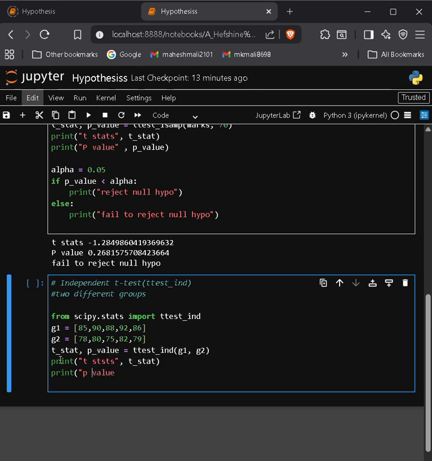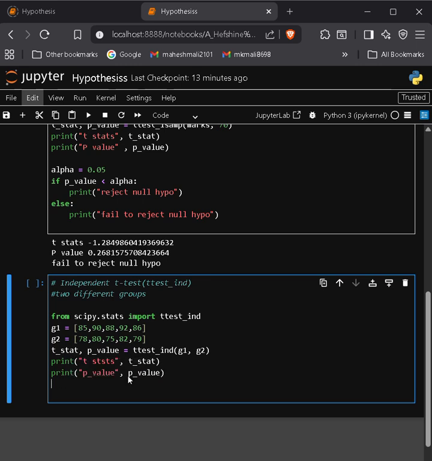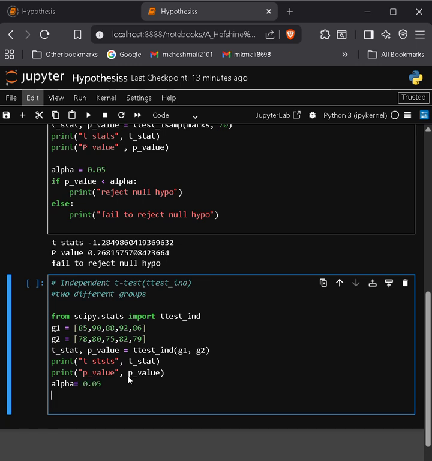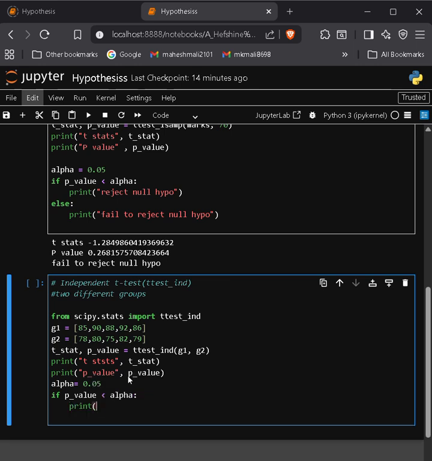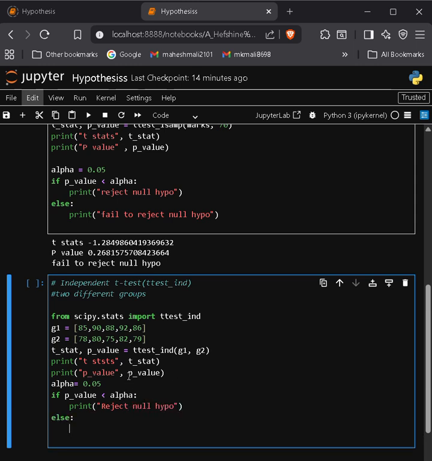We can also have the alpha value, 0.05. If p-value is less than 0.05, meaning alpha, it prints reject null hypothesis, else print fail to reject null hypothesis.